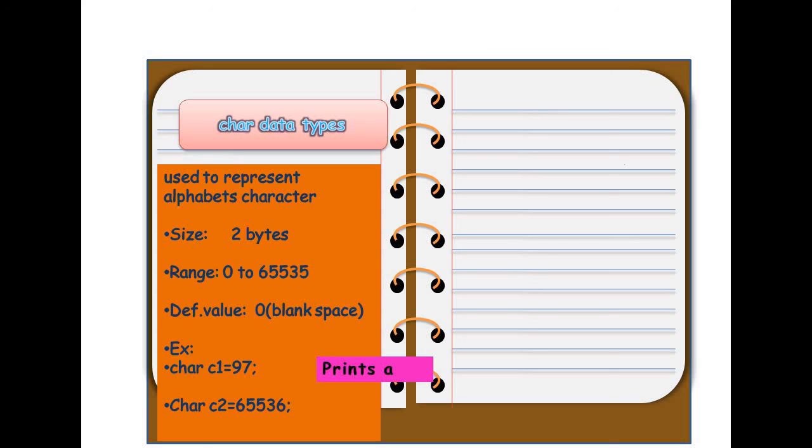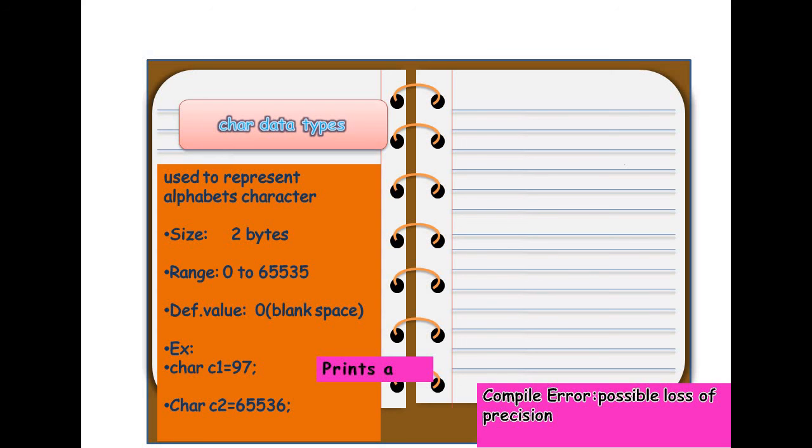For example, the first one: char c1 = 97. What does it print? It doesn't print 97. It changes the 97 into its ASCII character, and the ASCII code 97 is a, so it prints the small letter a. Next, char c2 = 65536.